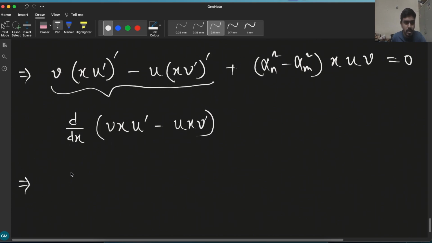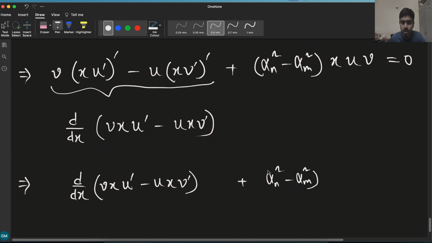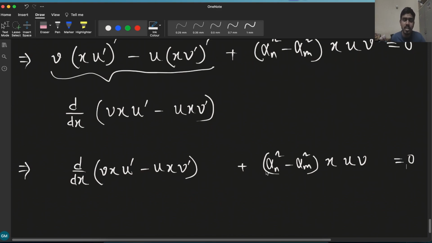So I can write it as d/dx of (v x u dash minus u x v dash) plus (alpha n square minus alpha m square) x u v equals to 0. And now what I will do is I will integrate both left hand side and right hand side with respect to dx from 0 to 1.